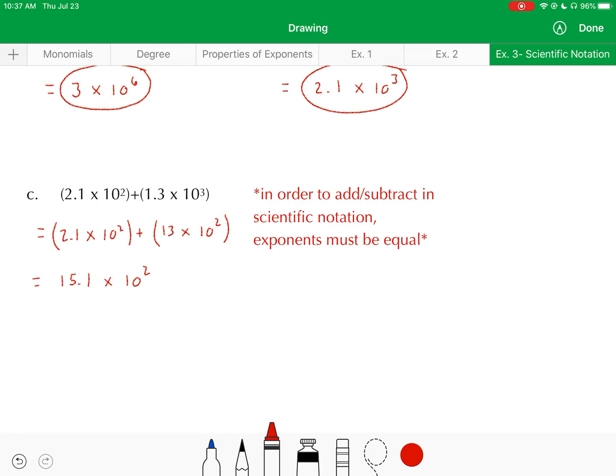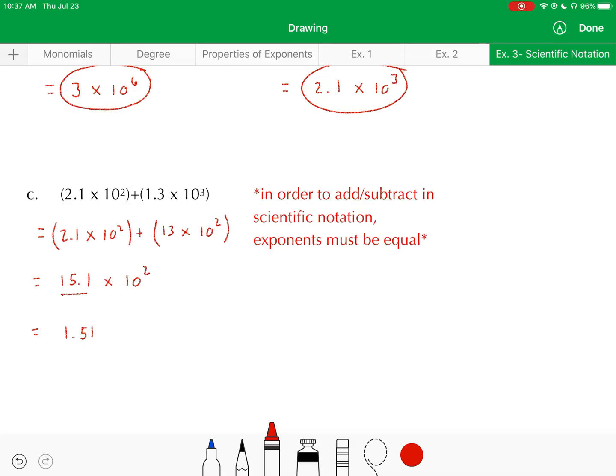Now notice this result is not in true scientific notation. Why? Because 15.1 is not between 1 and 10. So, of course, to make it between 1 and 10, I need to move my decimal place over to the left one spot. This becomes 1.51.